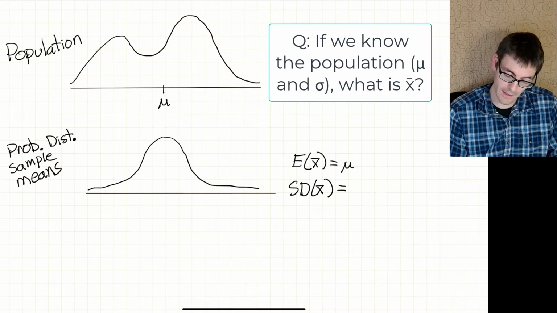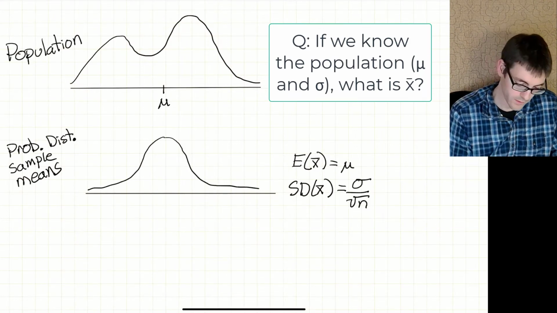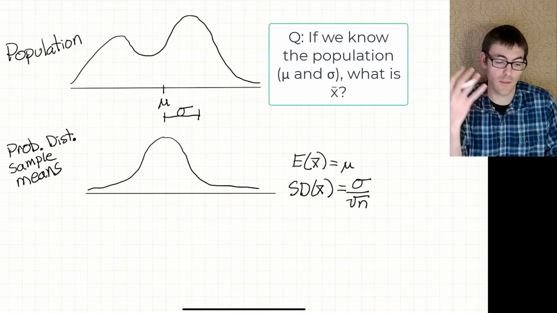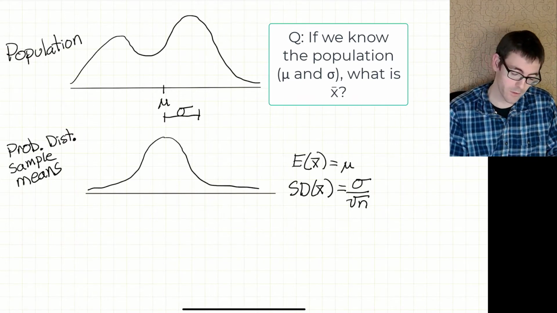So this is going to end up being sigma over the square root of n, where sigma is the standard deviation of the population.